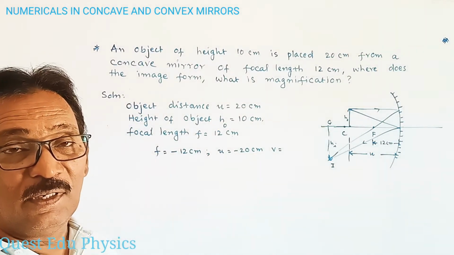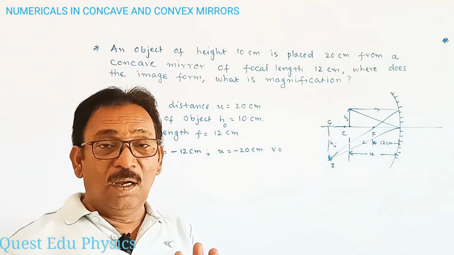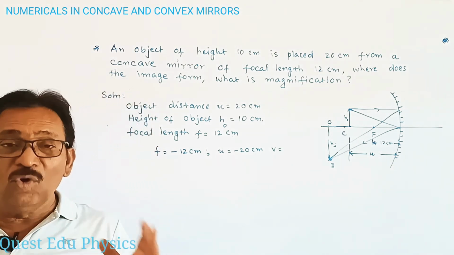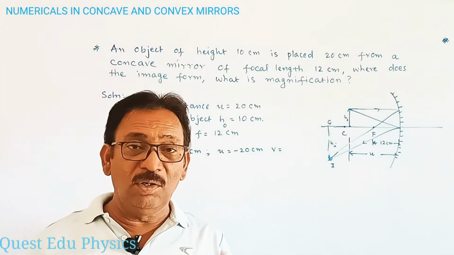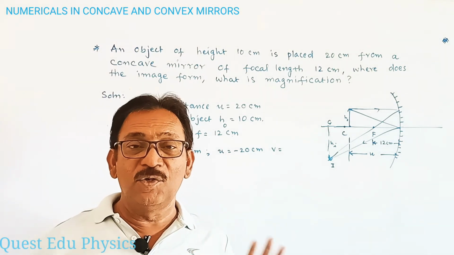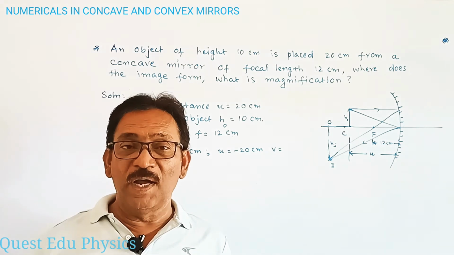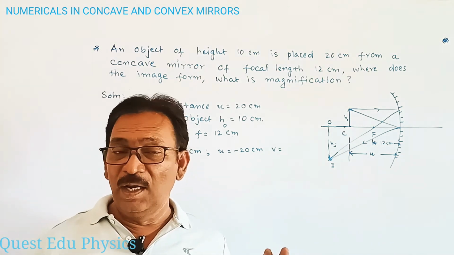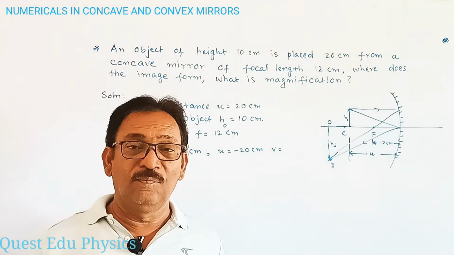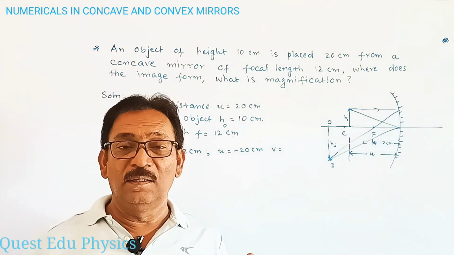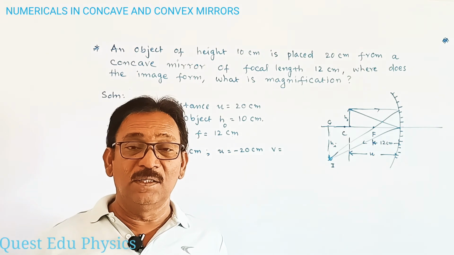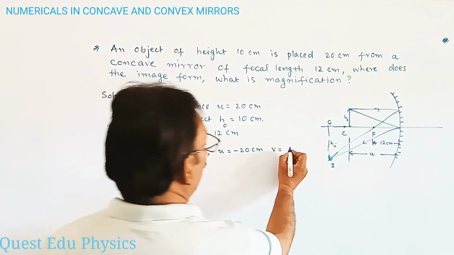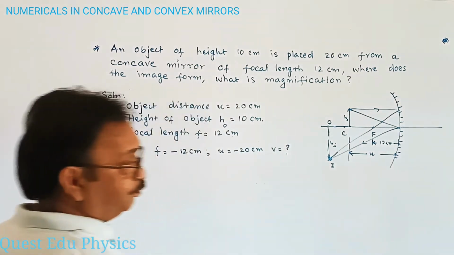Do remember that when you are finding the unknown quantity, you should not apply the sign convention to that. Most of the time we get confused over this; we apply the sign convention for all the given physical quantities, but for unknown quantities we should not apply the sign convention.